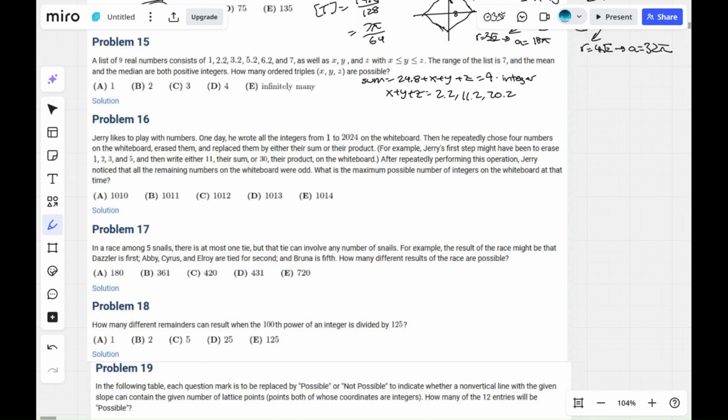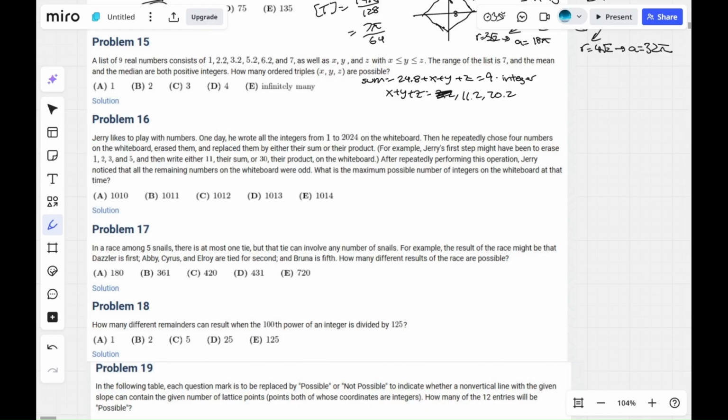And we can also rule out 2.2 because one of x, y, and z has to be the median of the list, because the numbers given to us right now are all not integers and the median has to be an integer. So we can rule out this case. So now x plus y plus z can only be 11.2 and 20.2.